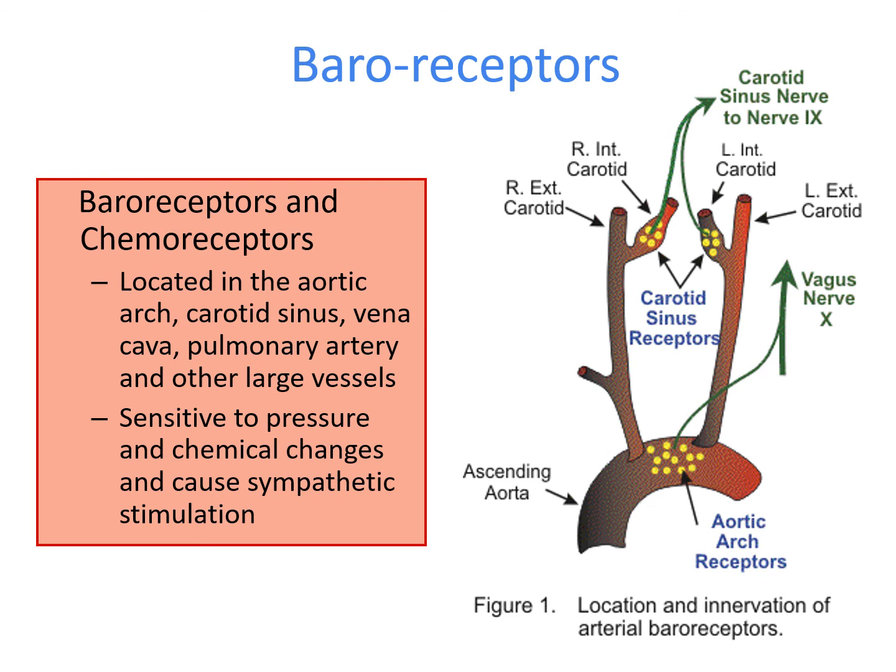Okay, baroreceptors and chemoreceptors are located in the aortic arch, the carotid sinuses, and other large vessels. They are sensitive to pressure and chemical changes and cause reflex sympathetic stimulation, resulting in vasoconstriction, increased heart rate, and increased blood pressure.